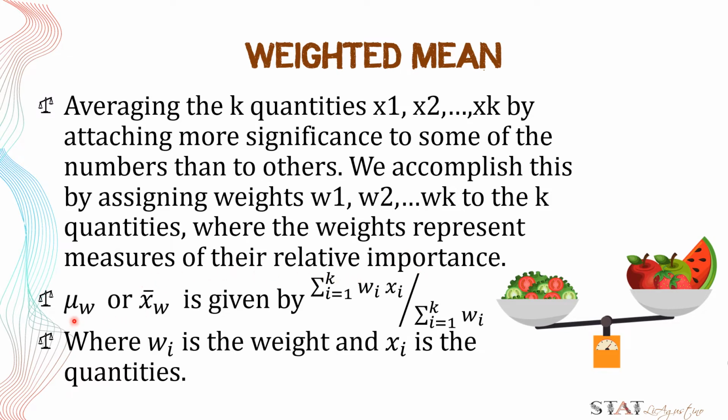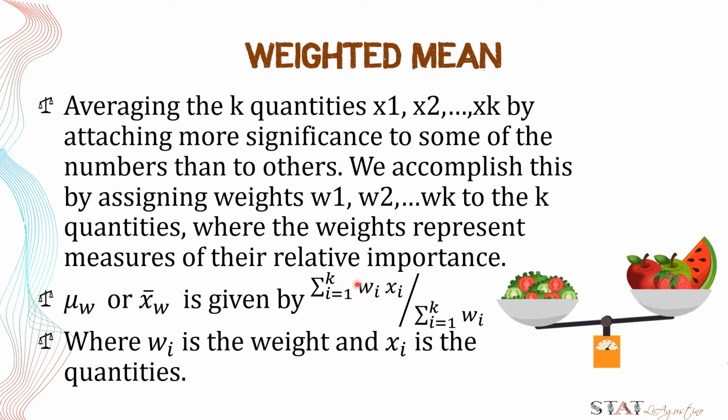So mu w, because I'm talking about weighted mean, because if the w is absent, then I'm talking about the arithmetic mean or the ordinary average, or x bar w to signify that it is the weighted mean, is given by the summation of wi xi, where i ranges from 1 to k.